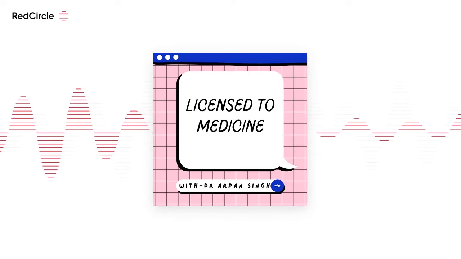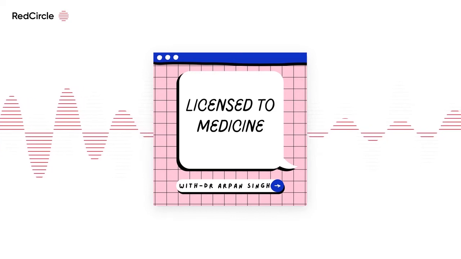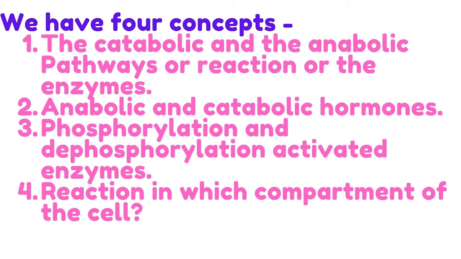Today I will be talking about some of the concepts of biochemistry. It includes basically four concepts. That is, what is catabolic and anabolic pathway, and I will relate it with the fed, fasting and starvation state.